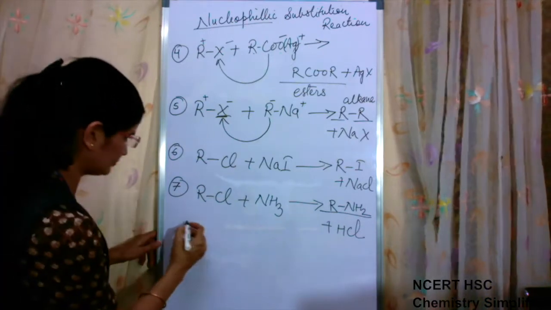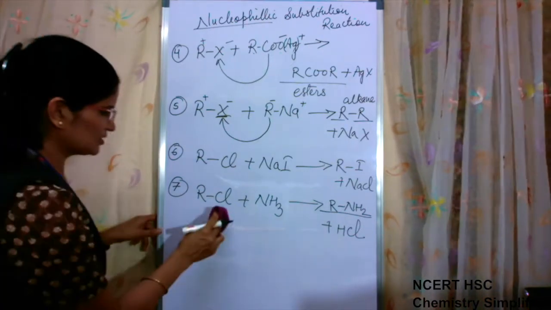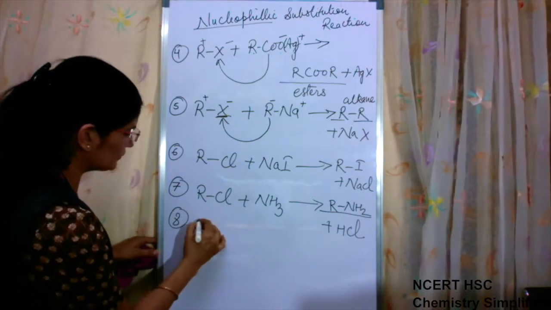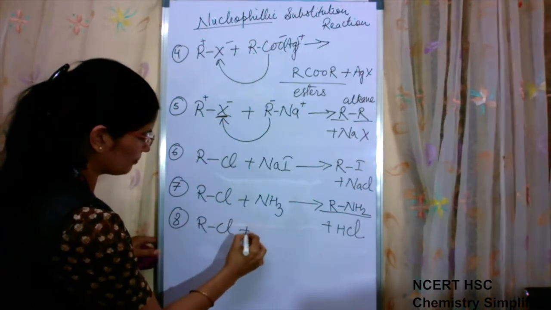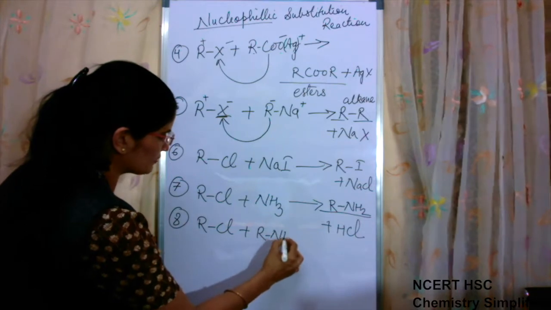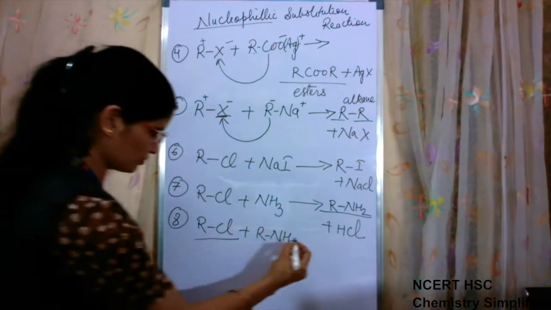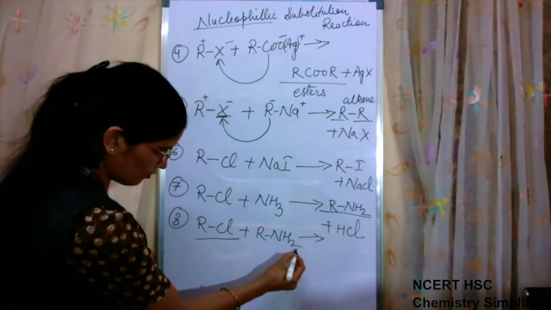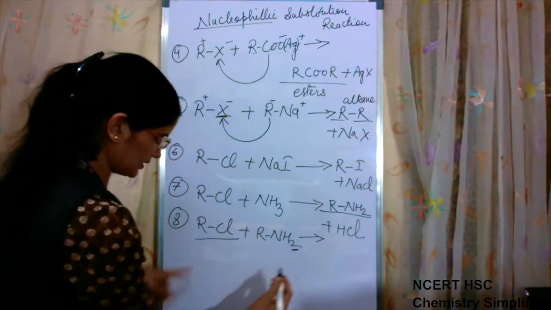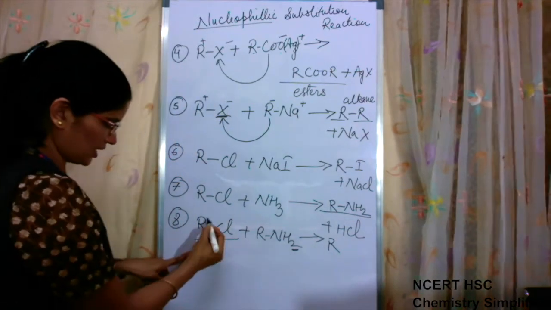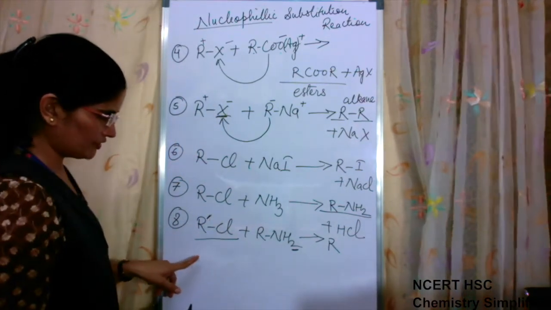Even, okay, let it be Cl. Now even if primary amines are treated with more alkyl halides, then secondary amines can also be obtained. How? One H from this will go with Cl and we will have R. Let me take this R as R dash so that you can differentiate.